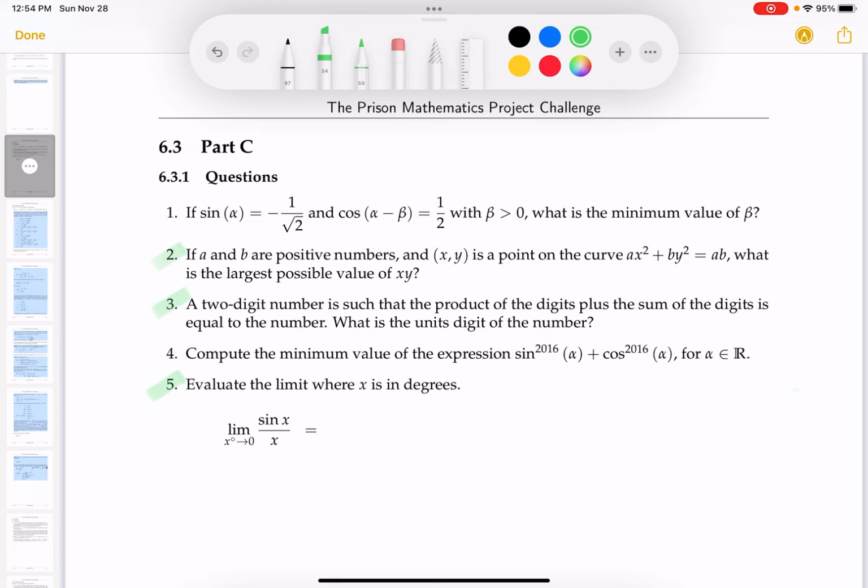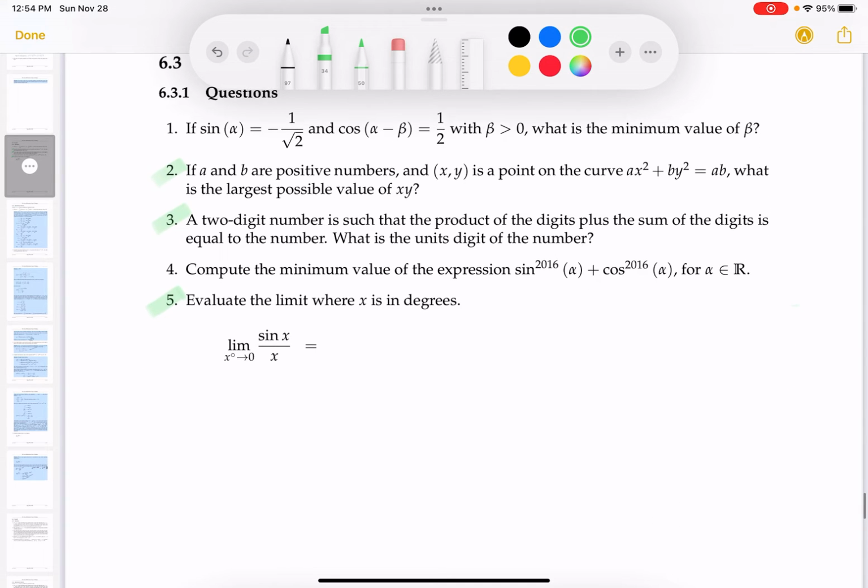But let me point out what I've done so far. I've done this, I've done this, and I've done this. So I need to do these other ones over here, and I'm going to write what I'm thinking I'm seeing. I'm going to try number 1 now, and they tell me the sine of alpha is equal to minus 1 over root 2. In my mind, I'm kind of visualizing the sine curve, and I know there's 2 places where that occurs on its path.